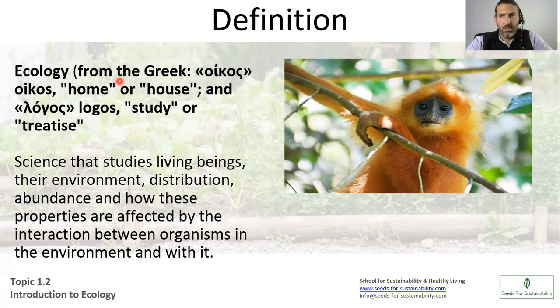So what we're talking about here actually is the science that studies living beings, the environment, distribution, abundance, and how these properties are affected by the interaction between organisms in the environment and with it.